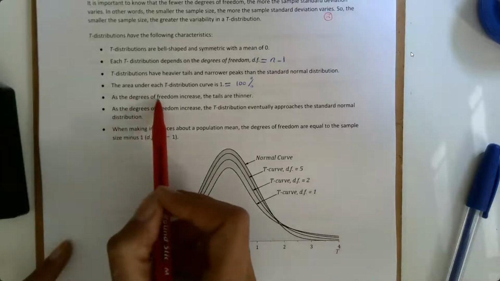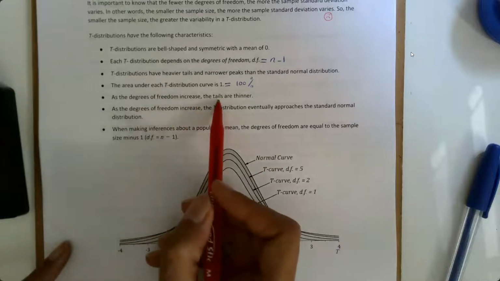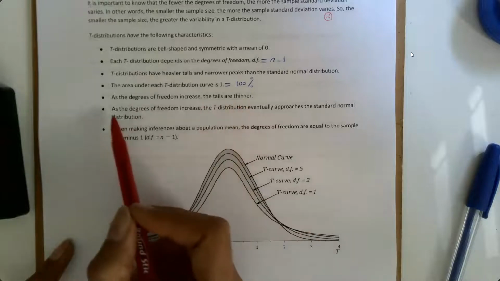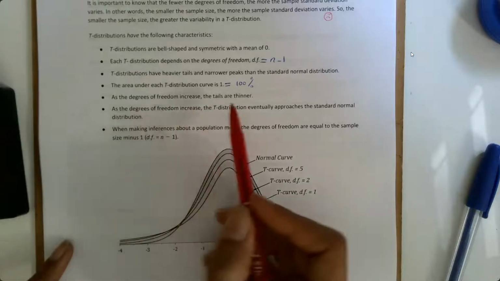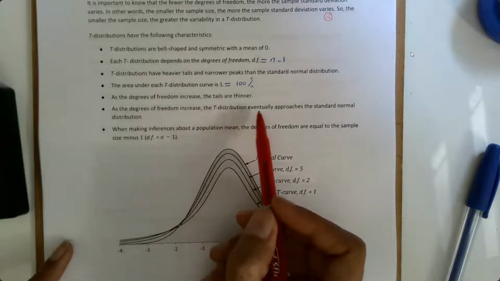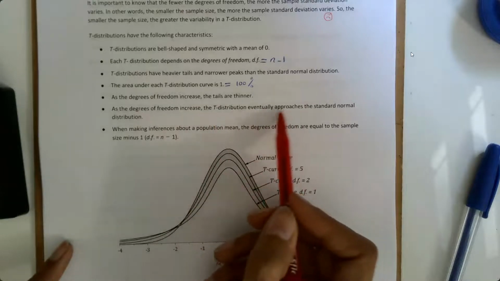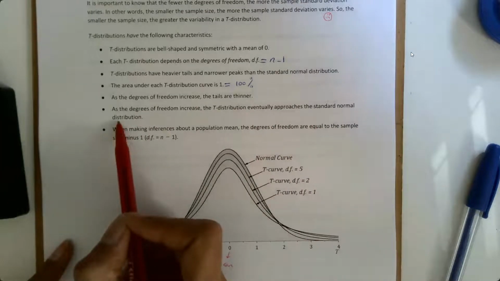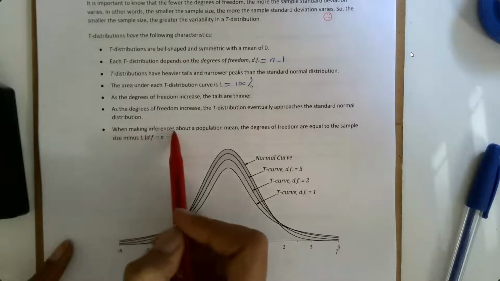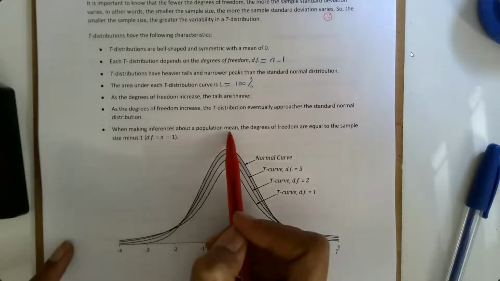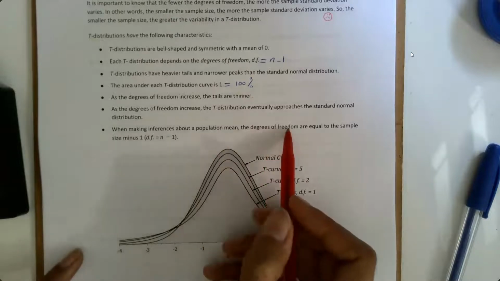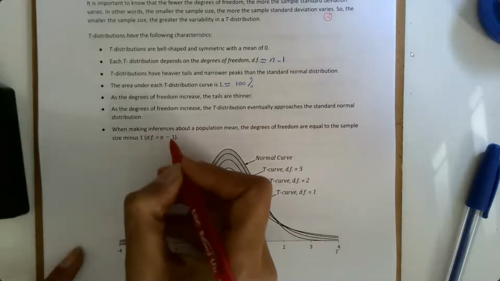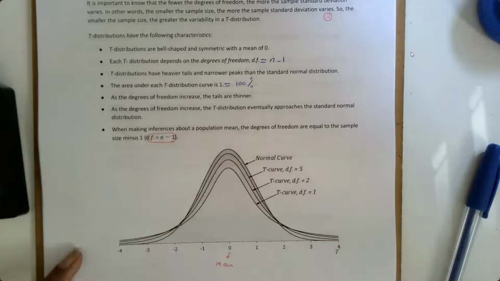As the degrees of freedom increases, the tails are getting thinner and thinner. As the degrees of freedom increase, the t-distribution eventually approaches, getting closer and closer to the standard normal distribution. When making inferences about a population mean, the degrees of freedom are equal to the sample size minus 1, or n minus 1.